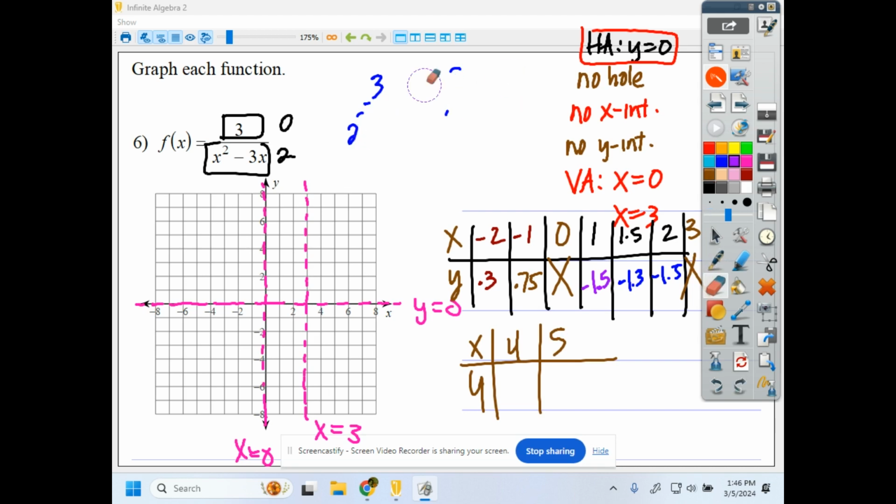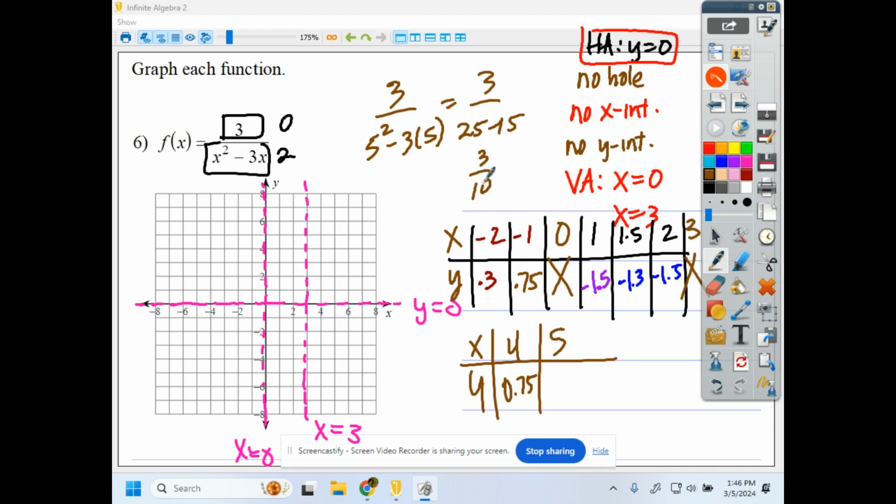So we're going to plug in the 4. 3 over 4 squared minus 3 times 4. 3 over 16 minus 12, or 3 fourths, or 0.75. Then 3 over 5 squared minus 3 times 5. 3 over 25 minus 15, or 3 over 10, which is going to be 0.3 again.